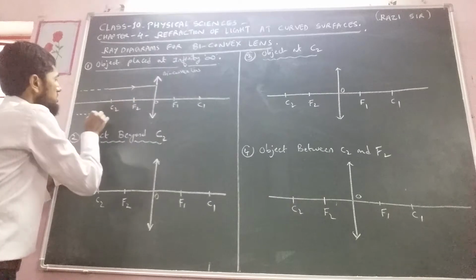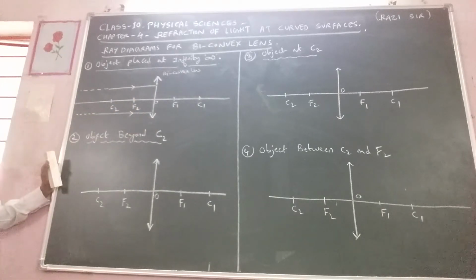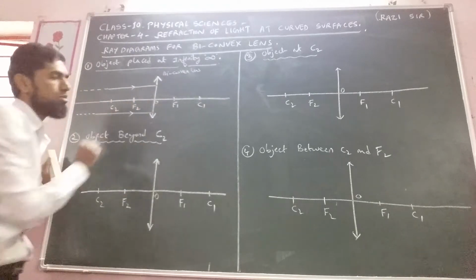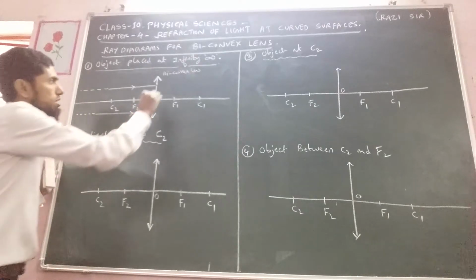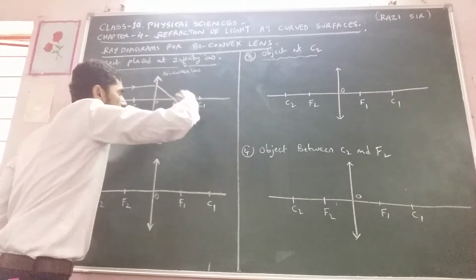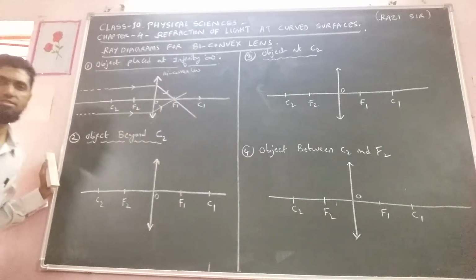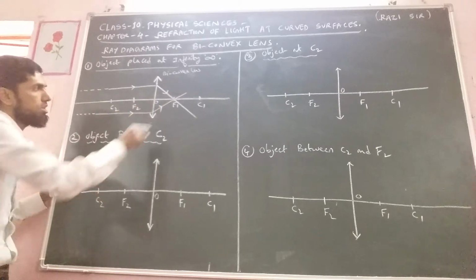They approach the biconvex lens. They pass through the biconvex lens, and according to rule 1, a parallel ray will pass through the focus. So we find that the incident rays, after refraction, converge at a point.